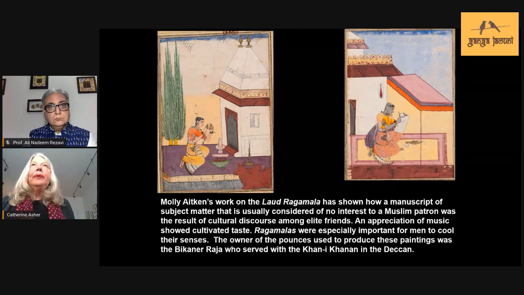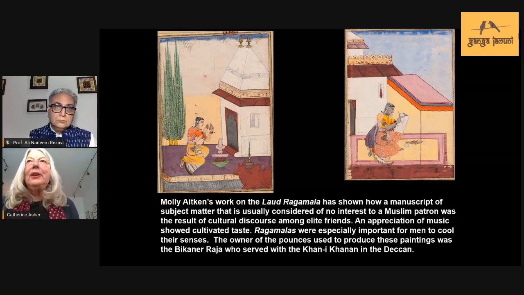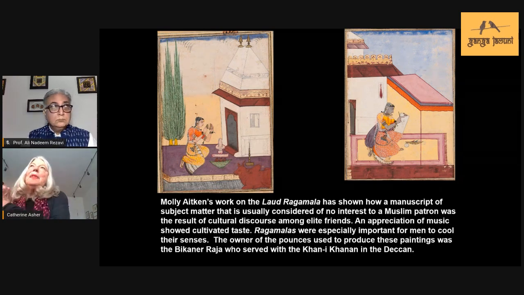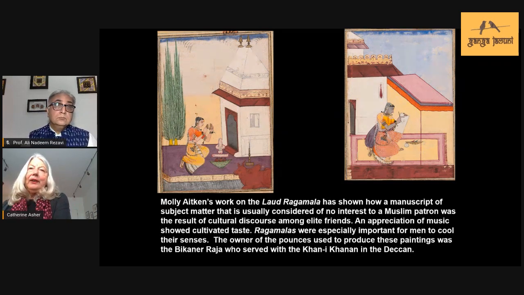It turns out that the owner of the pounces used to produce both of these manuscripts was the Bikaner Raja, who served with the Khan Khanan in the Deccan, later under Jahangir, and he lent the pounces to the Khan Khanan so that he could make his own manuscript.